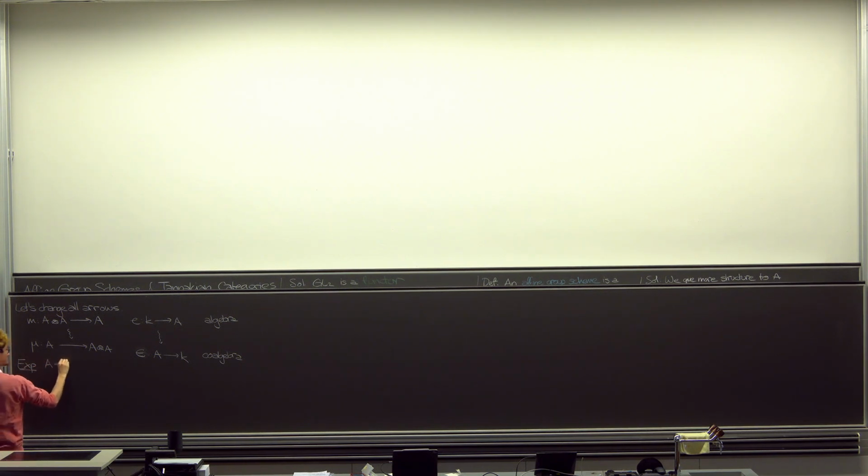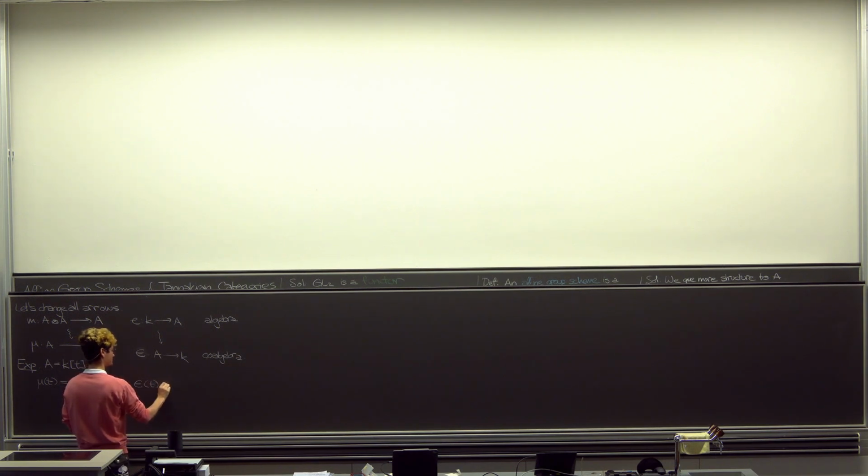Prime examples are, for example, the polynomial ring over some indeterminate t. I claim that this can be turned into a co-algebra simply by setting that the co-multiplication sends t to 1 tensor t plus t tensor 1, and my co-unit sends t to 0.